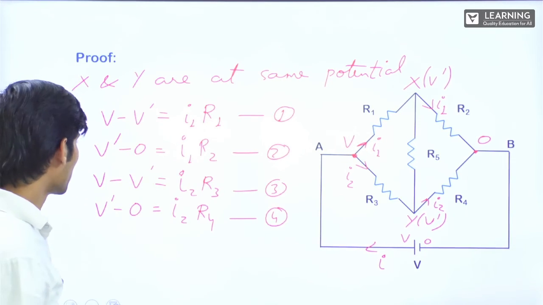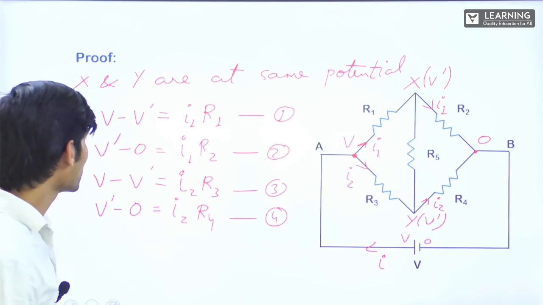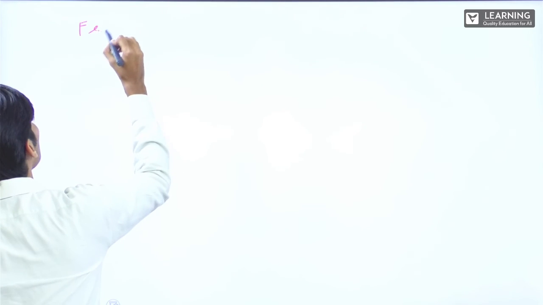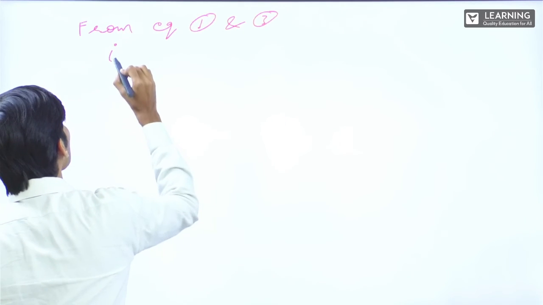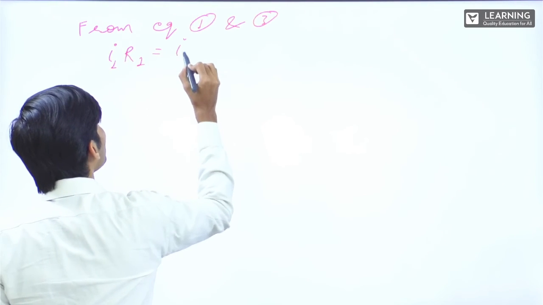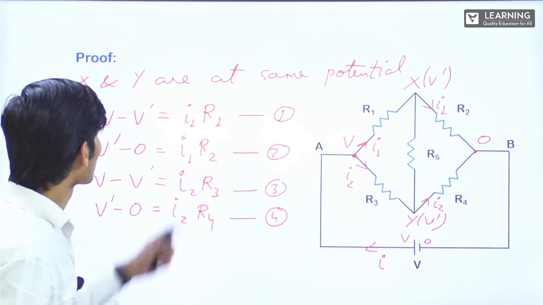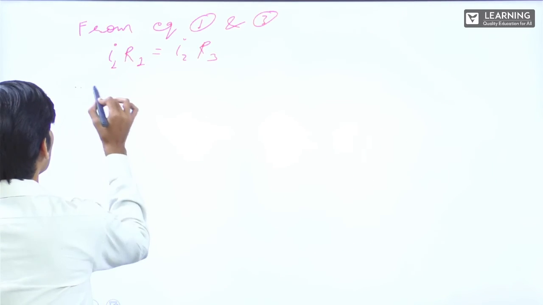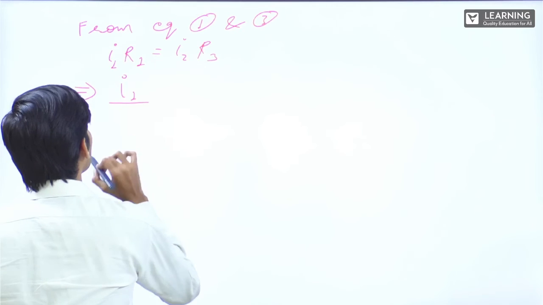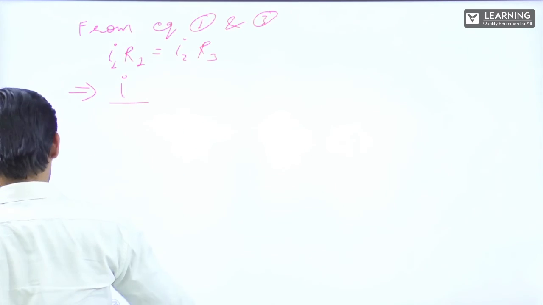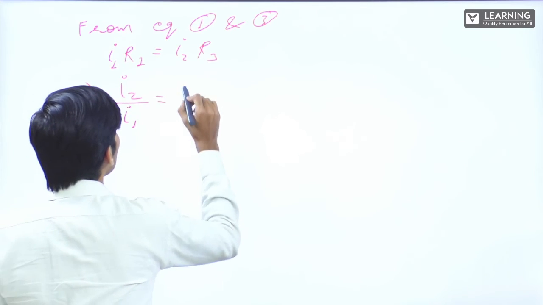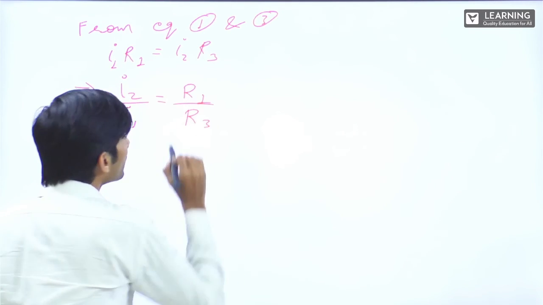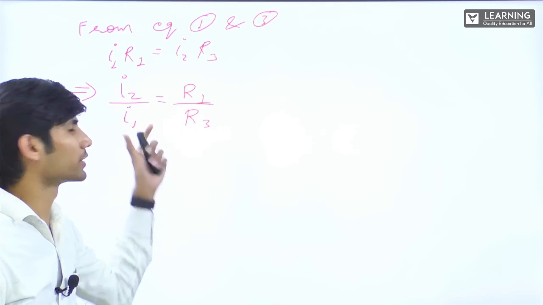So from equations 1 and 3, we can write I1 R1 is equal to I2 R3. So from here I can write I2 by I1 is equal to R1 by R3. Correct? From this I have got this.